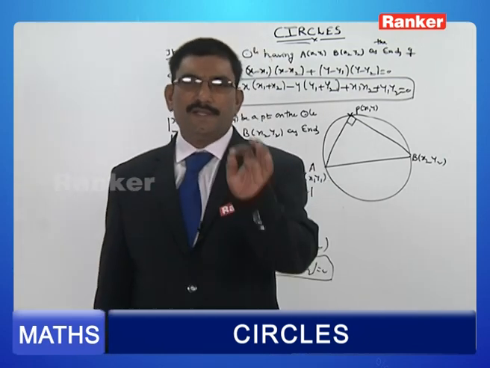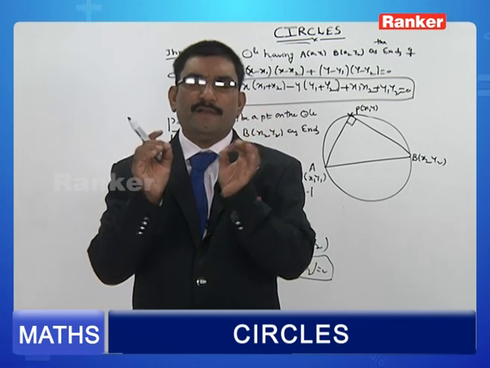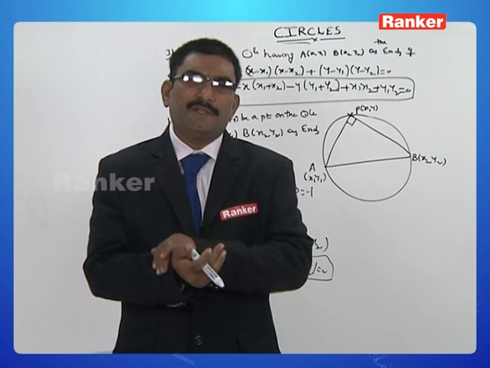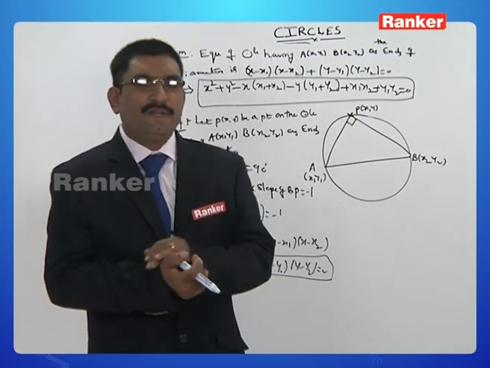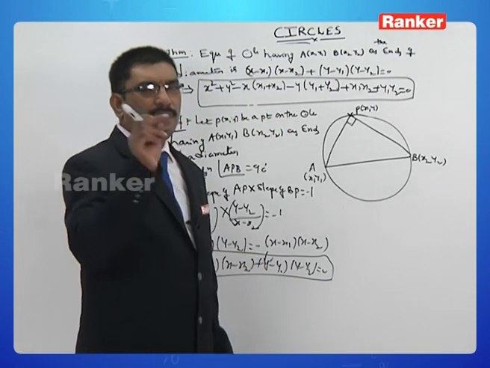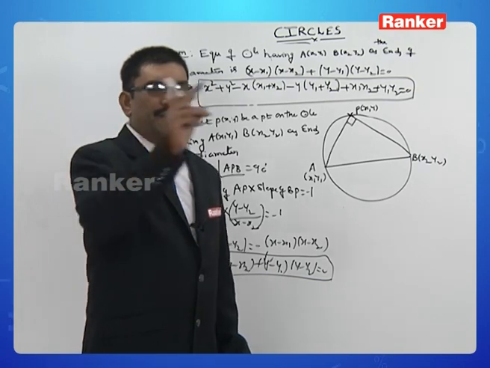Yes, this is the juncture where we have to discuss its applications in comparison with calculus, maxima and minima. Now this is the equation of a circle having x1, y1, x2, y2 as the ends of a diameter.